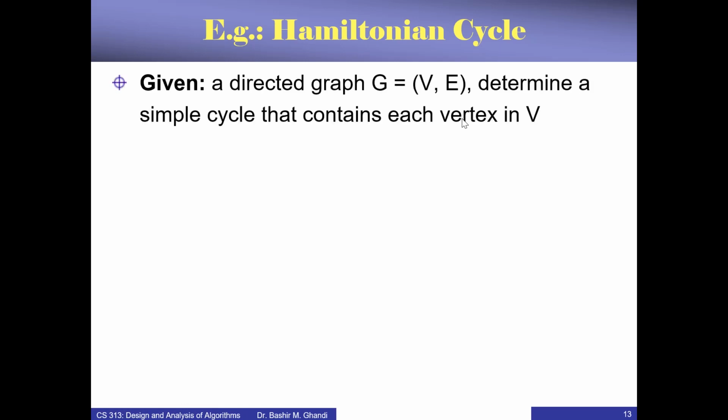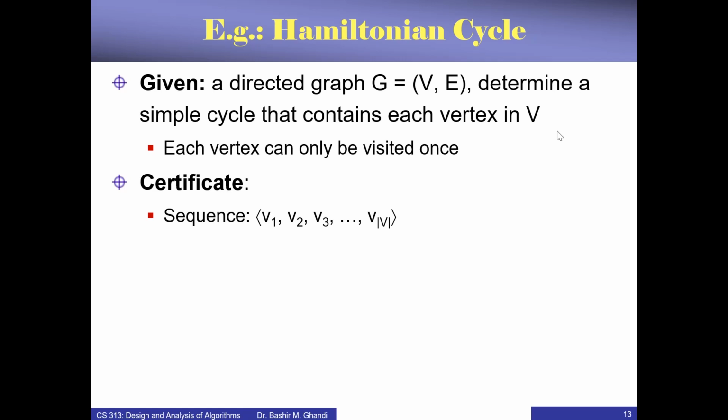So to give you again an example, Hamiltonian cycle is an example of a problem that belongs to the NP class. Given a directed graph G, determine a simple cycle that contains each vertex in V. Each vertex can only be visited one time.